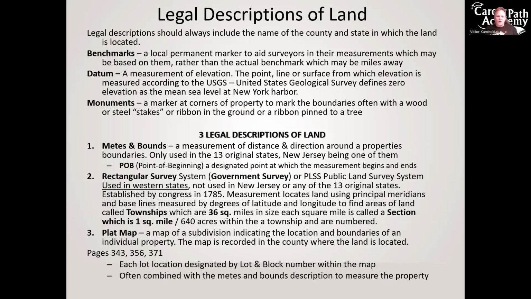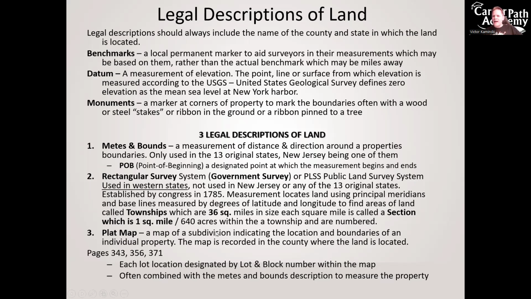So calling it a township in a survey has nothing to do with the name of the town being called a township. Edison Township and Woodbridge Township are totally different subjects. Okay. Now within each township is 36 square miles. Each one of those square miles is called a section, and they are numbered.